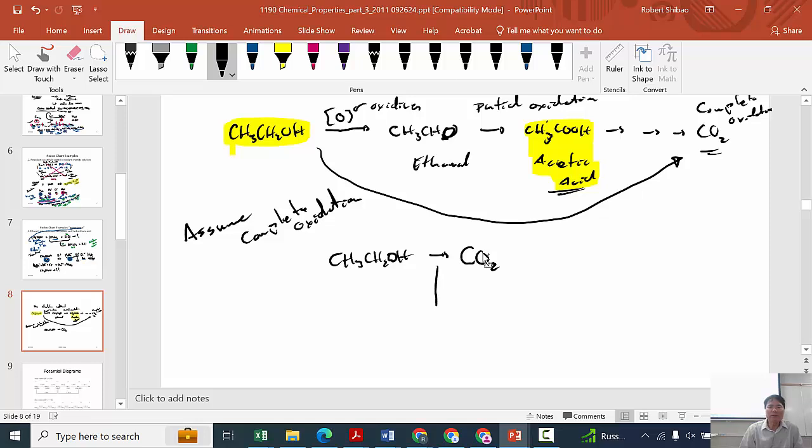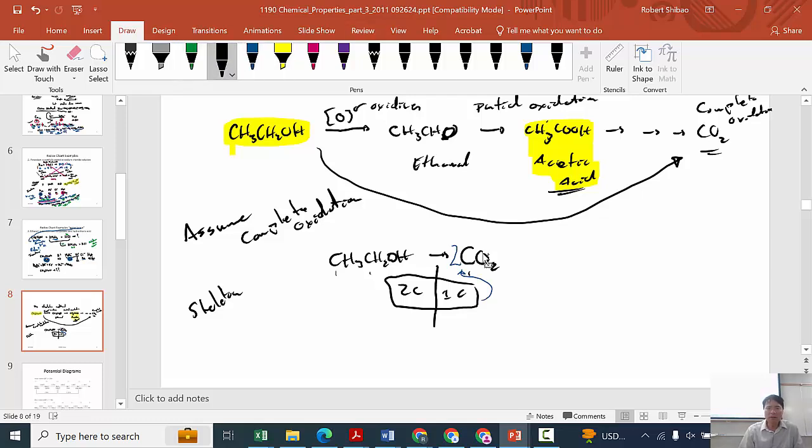And now we're going to use the skeleton method to figure it out. Over here I have 2 carbons. Over here I have 1 carbon. If they're mismatched, then what we do is we change the coefficient. So I'm going to change the coefficient up here to 2. That's going to give me 2 carbons.